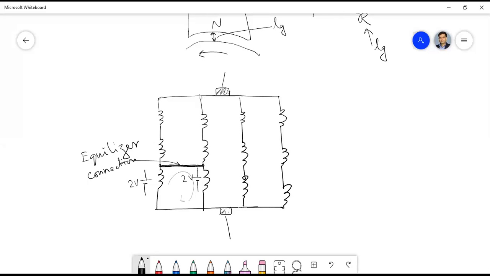I don't have many figures on that, but I can show you some equalizer connection. Let me find if I have some figure on this.